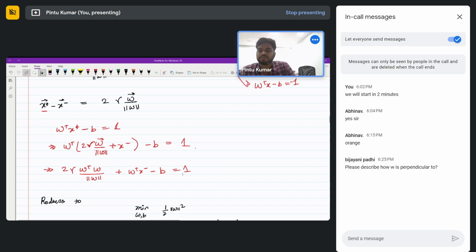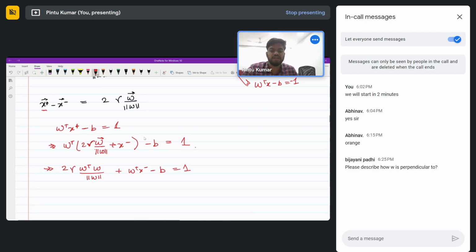Now, this value I said is again minus 1, so this implies this value would be minus 1.